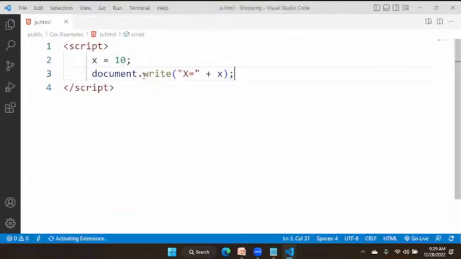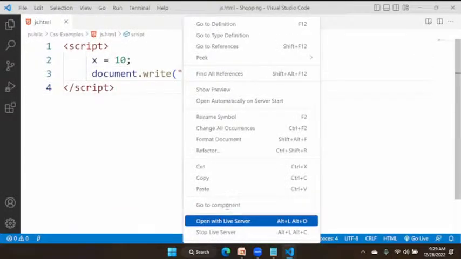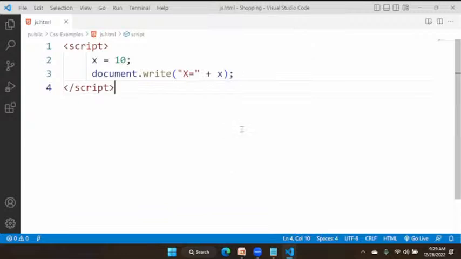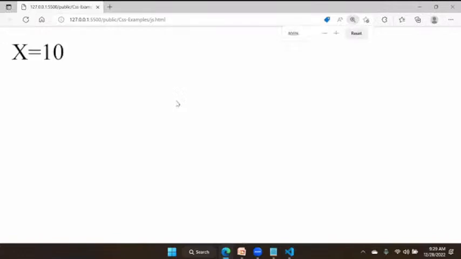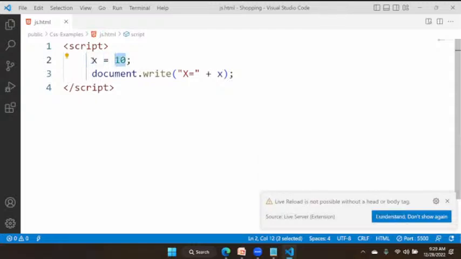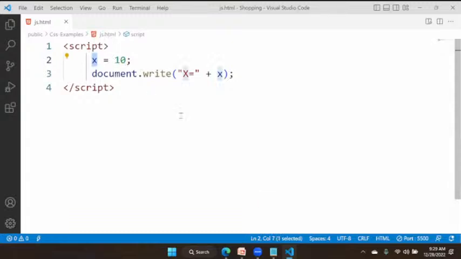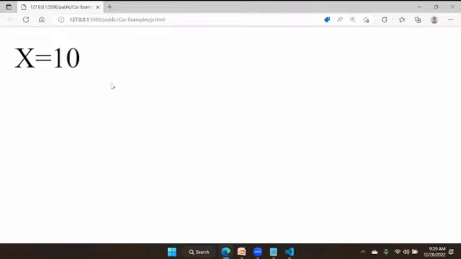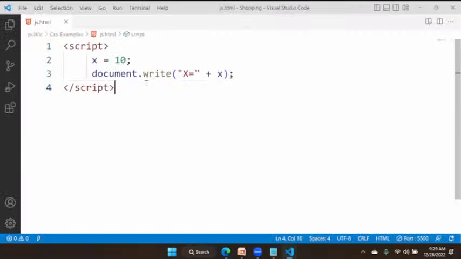You can see when I use x equal to 10, it is working fine. Here I am not declaring any variable called x. I am directly assigning some value into x without declaring, and it is allowing. That means it is not strictly typed.